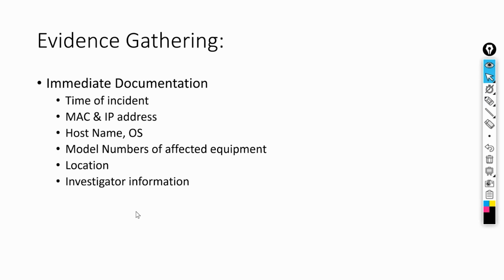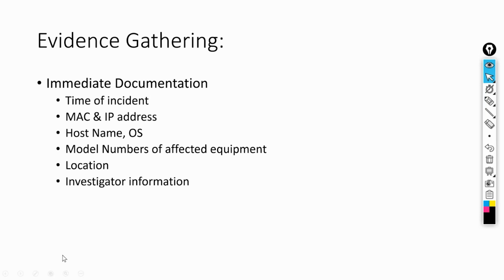You should never conduct investigation on the actual copy. Rather, it is advisable that you use imaging software to create an image of the system, and you perform your investigation on the cloned copy rather than touching the actual evidence. Because if you touch the actual evidence and the integrity of the data is compromised, then that evidence will not be acceptable in court. So that is what evidence gathering is all about.